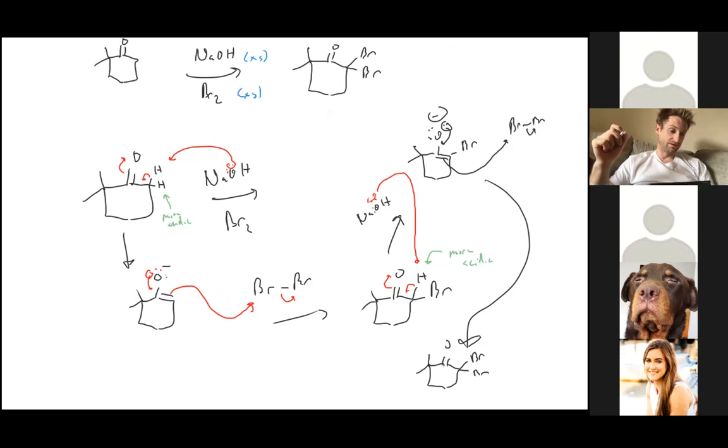It's such a good brominating reagent that it'll actually do it 3 times, or I guess 4 times. So if we have something like this here, where we have 2 alpha positions, let's make them unique.